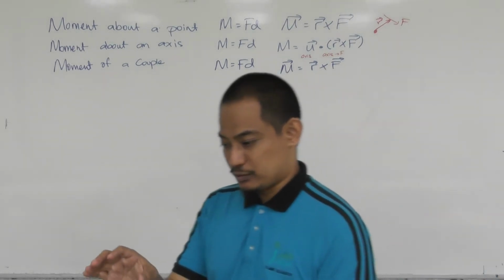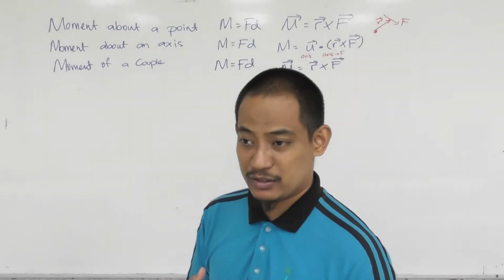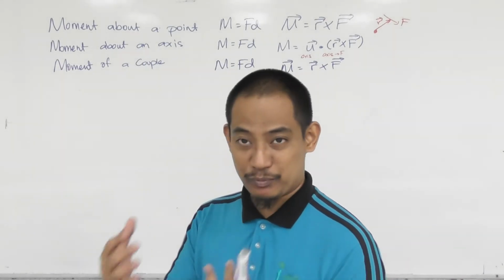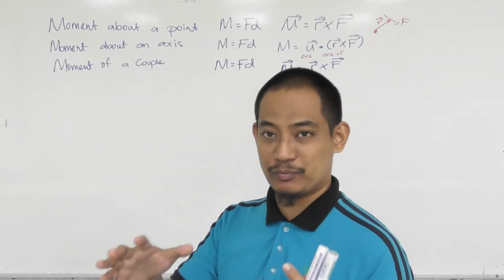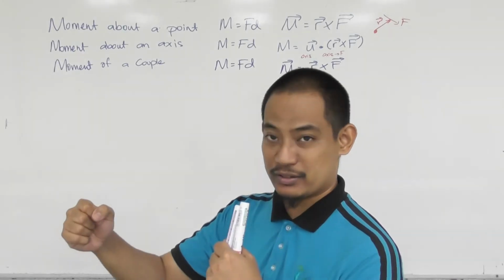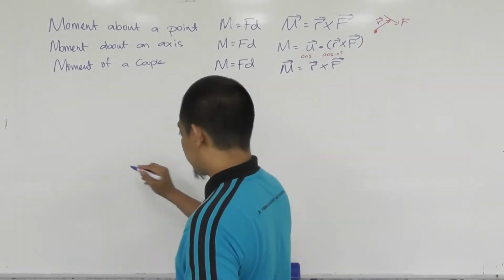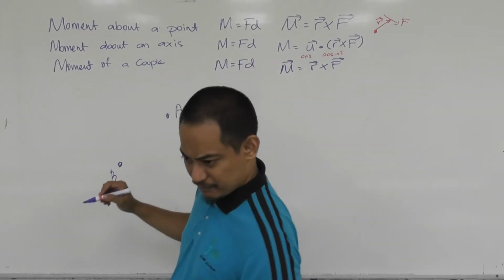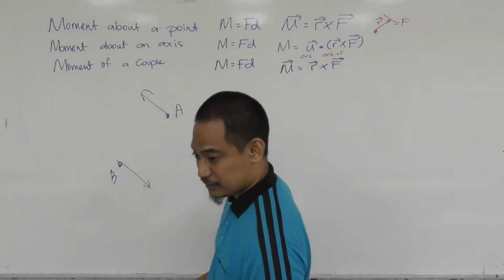So hopefully you can identify the couple and just take out the couple. As I mentioned, we are only interested in the important points, only important information. So whatever the shape of the pipe, etc., that's not important. What is important is the point and the force, for this kind of question. So basically we have point B and point A, and then you have the force here and the force here.